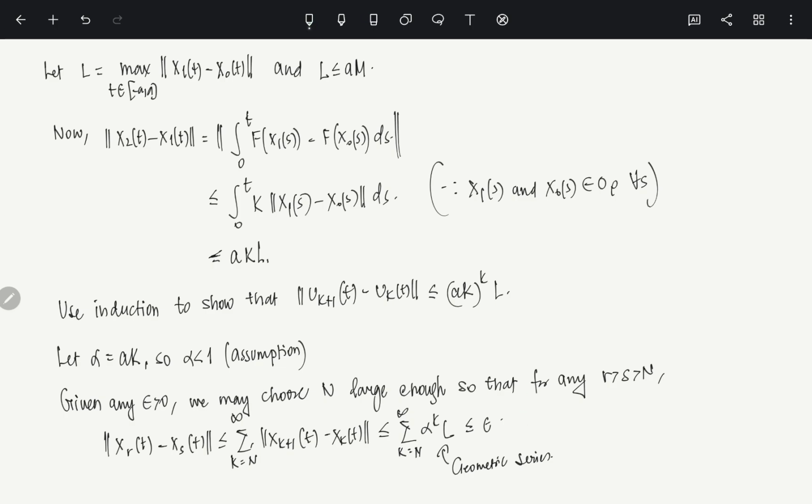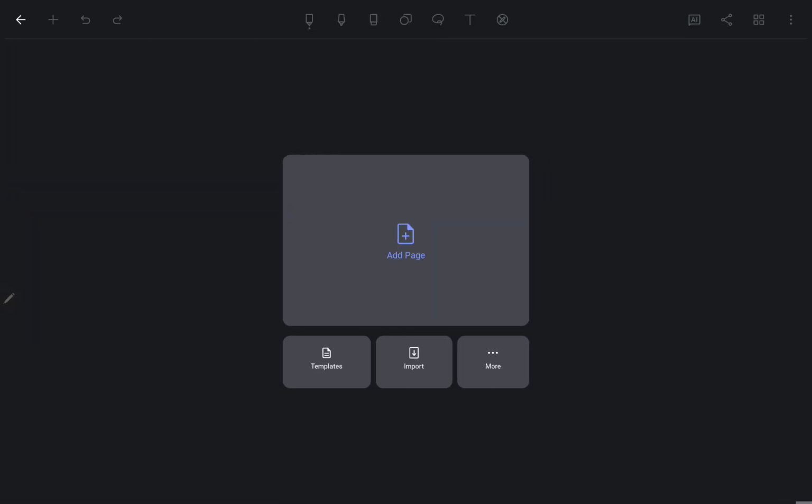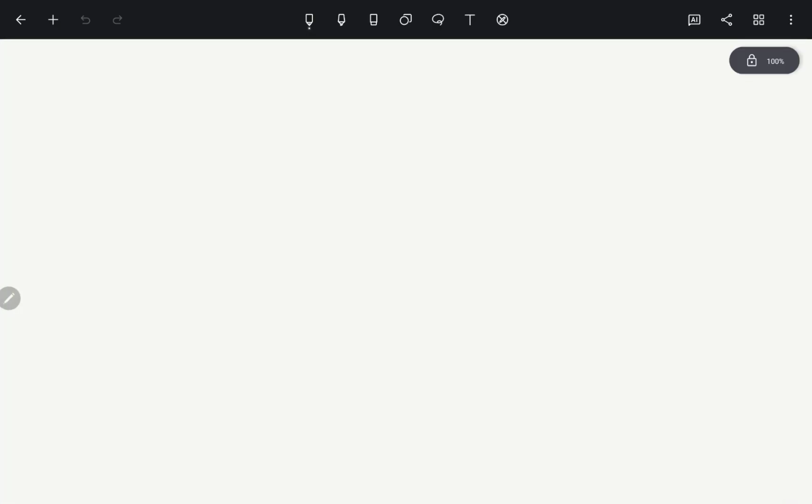Now what we do is this. So we show that this is true. So basically what we have is this. We have a sequence of functions. Let me write it this way.